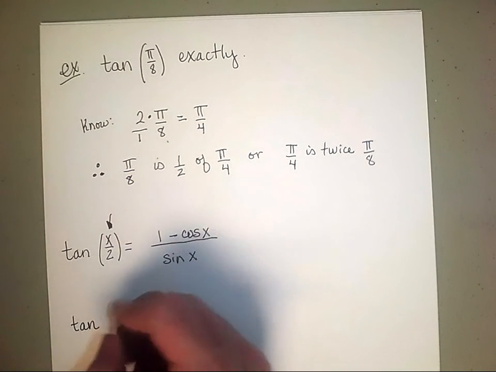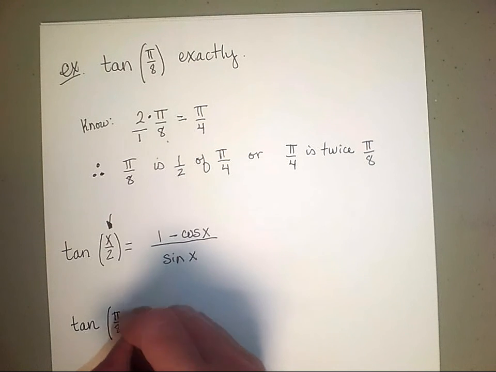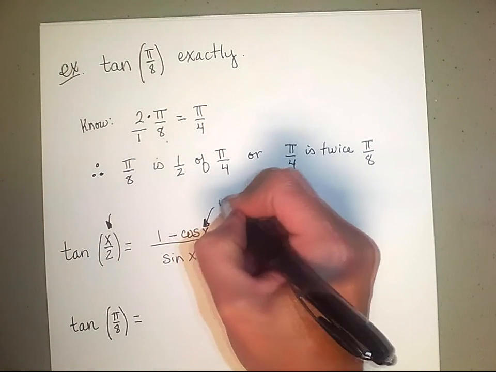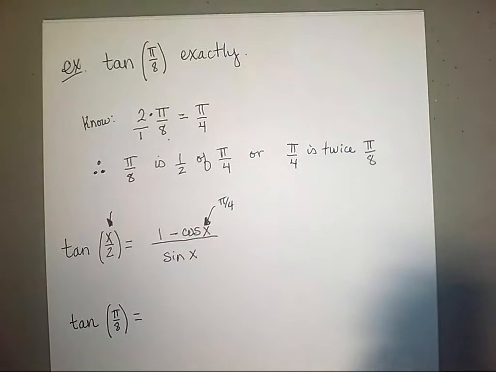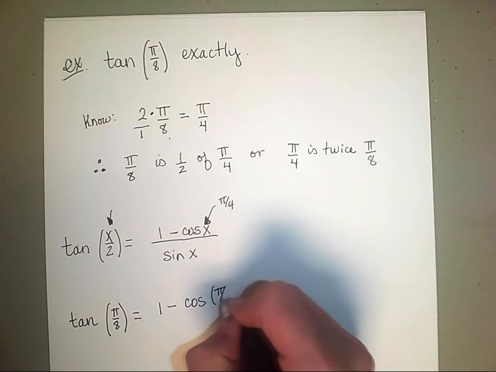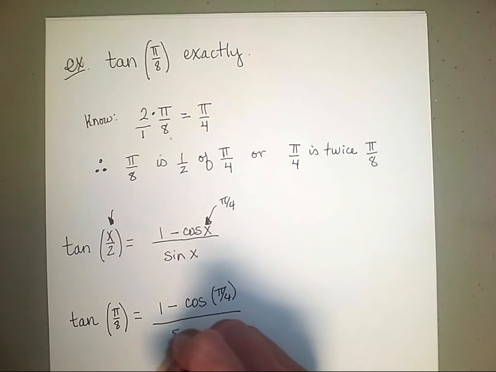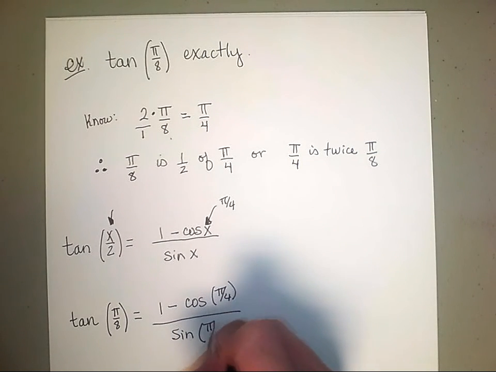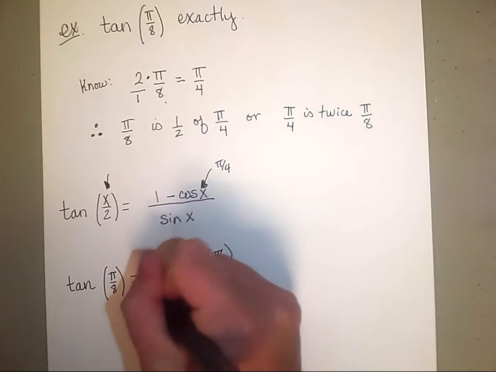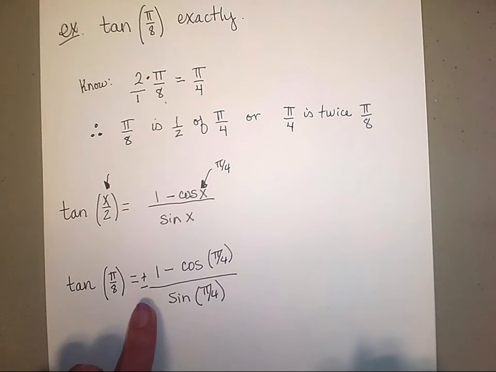That is pi over 8. This pi over 8 is half of just pi over 4. So this is plus or minus 1 minus the cosine of pi over 4 divided by the sine of pi over 4.